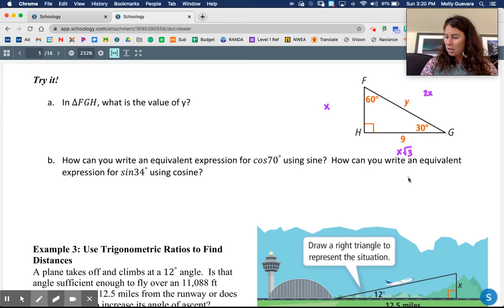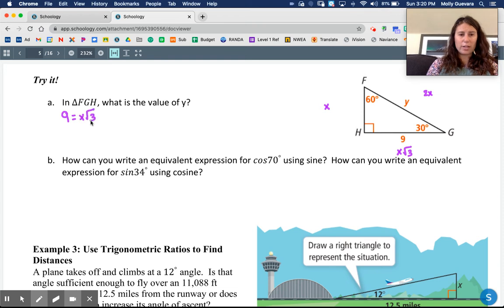Okay. So if I do this, I know that 9 is equal to x square root of 3. And then I can find my x value. So I'm going to divide by square root of 3, divide by square root of 3. So I get x is equal to 9 over the square root of 3.